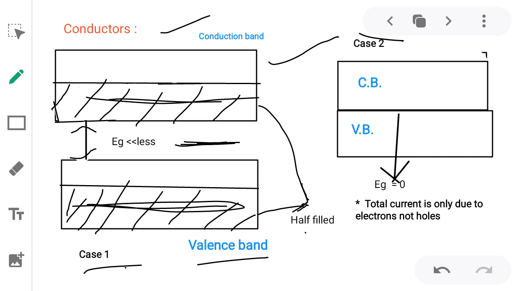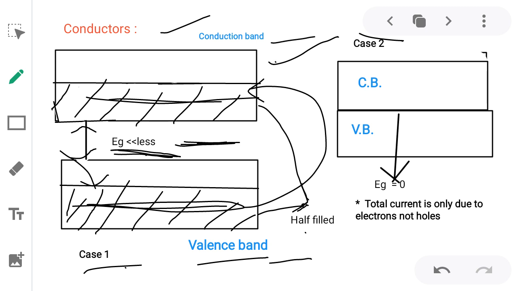To shift an electron from the valence band to the conduction band, we require some kind of energy. That requirement of energy is based on this energy gap only. We will discuss in the next point how this works. In this first case, there exists a very small gap between the conduction band and the valence band.